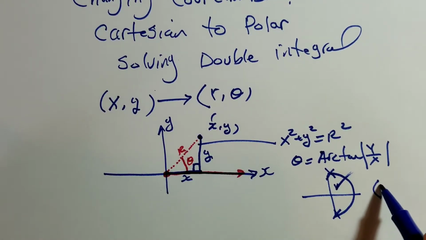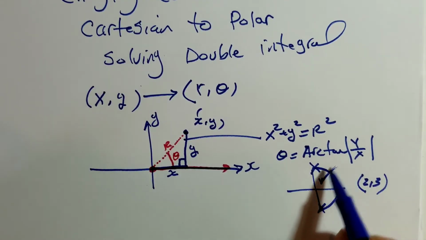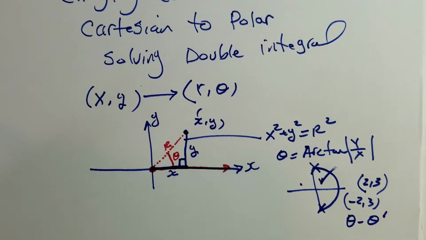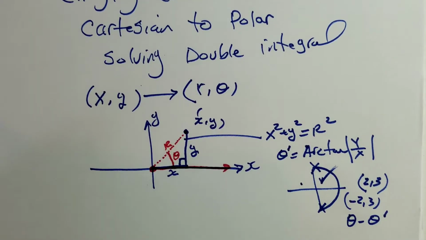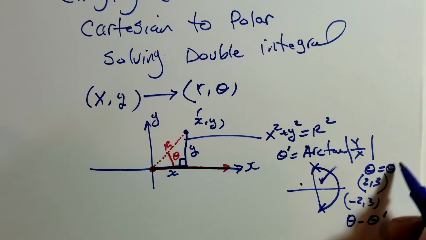If the ordered pair is in the first quadrant, the reference angle is the angle I'm looking for. If the ordered pair is in the second quadrant, in order to find your angle, you have to subtract the reference, which I'm going to call theta prime. That's your reference. In the first quadrant, theta and theta prime are the same.